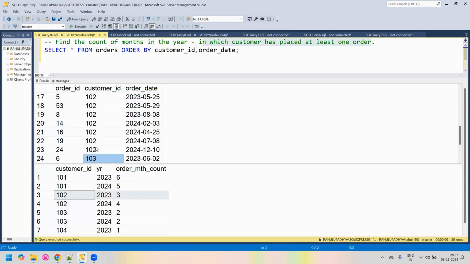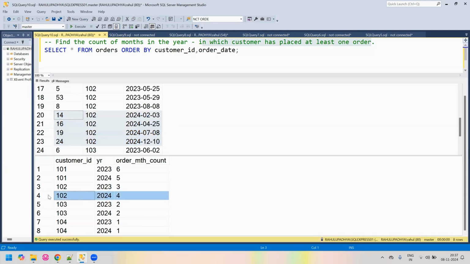Similarly, for the orders placed by this user 102 in the year 2024, there are 4 months, that is Feb, April, July and December. So we will be reporting 4 months for this user for the year 2024. So this is the output that we need.